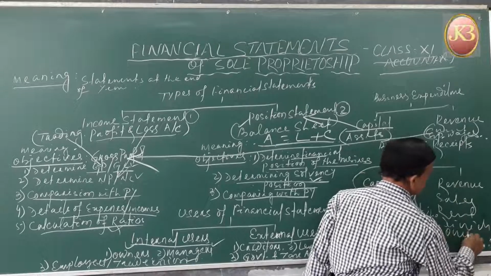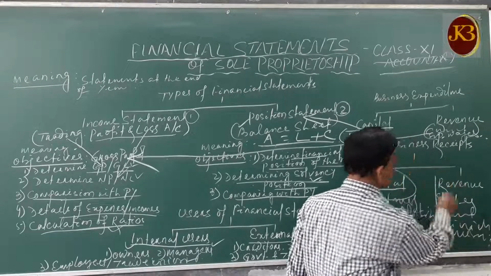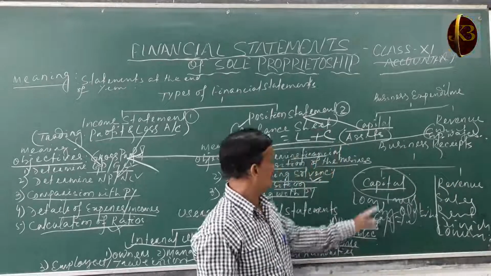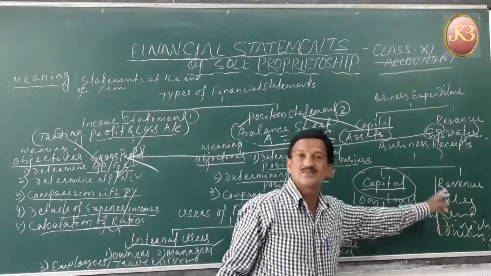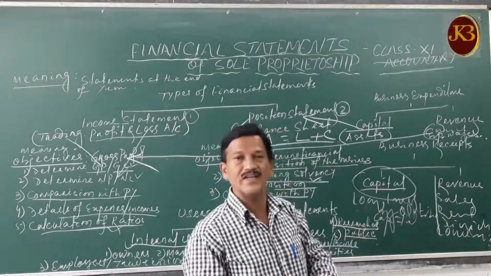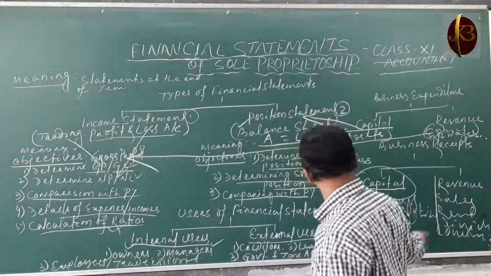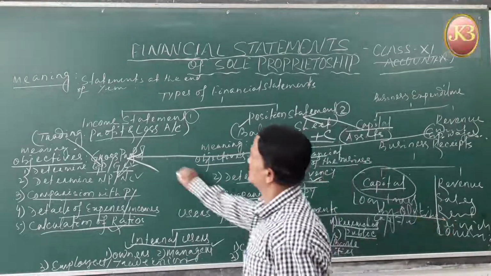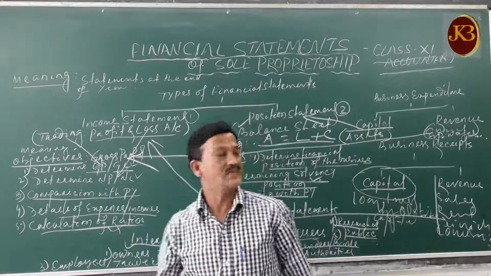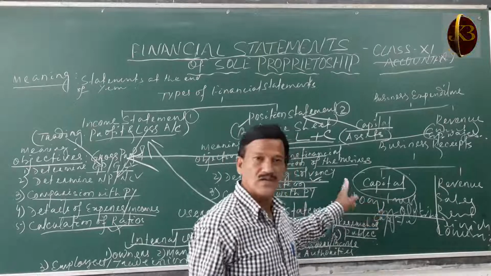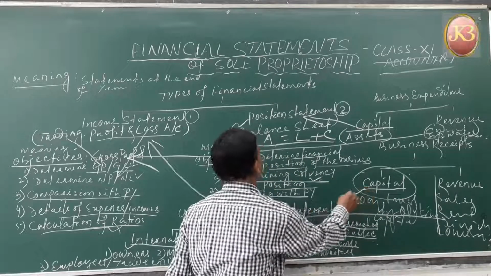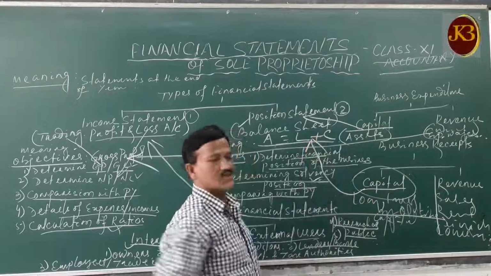Commission received, it is regular. That is recurring in nature. So if it is revenue receipts, regular, recurring in nature, then it is transferred to the income statement, and if it is capital receipts, irregular, occasional, it goes to the position statement.